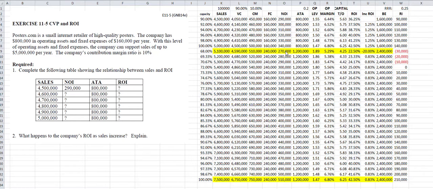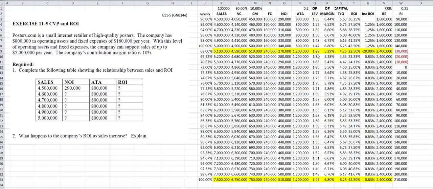Why is that? Well, let's look at this here in particular. What has happened to my contribution? That $100,000 increase in sales in this year, I've increased my contribution margin by $10,000, but in this given year, my fixed costs increased by $80,000. So that has a negative impact of $70,000 on my net income.